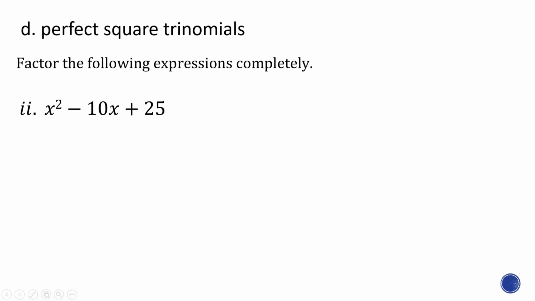Again, the first thing we need to do is to check the constant number, 25. That's a perfect square number, because the square root of 25 gives us 5. And if we double that, that gives us 10, and it's the same as the numerical coefficient of the second term.